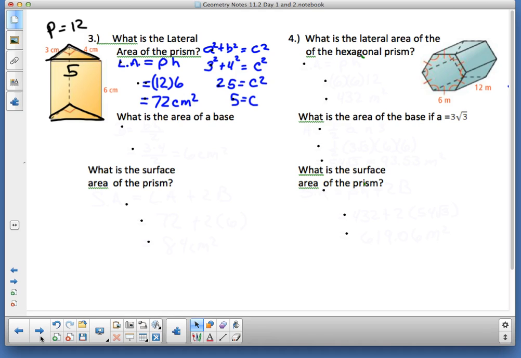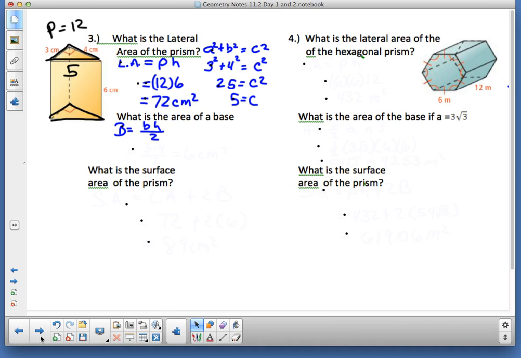The next piece of information: what is the area of the base, big B? Keep in mind, big B is a formula I come up with based on the situation I'm faced with. So I'm looking at this, well, I got triangles. I've got a right triangle, which I can find the area of by base times height divided by 2. My base and height are perpendicular to each other.